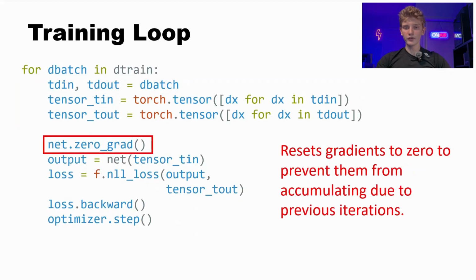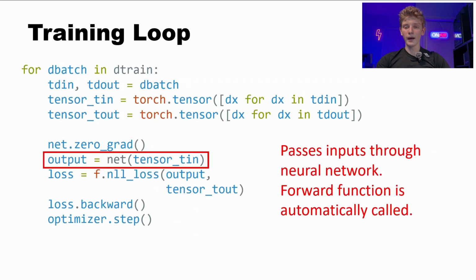The next few lines of code are where the actual training is done. First, we reset the gradients of our neural network to 0. In the previous video, we talked about what gradients are and what gradient descent is. We then pass our input data through the neural network and get the predicted outputs from that.